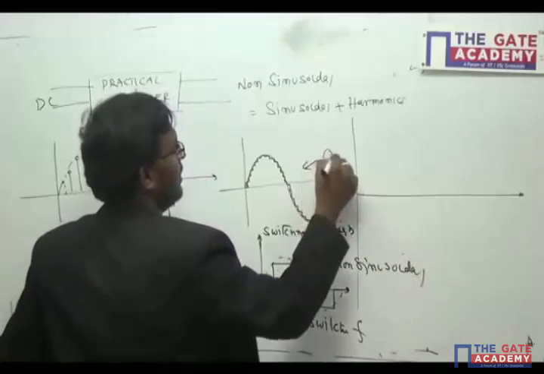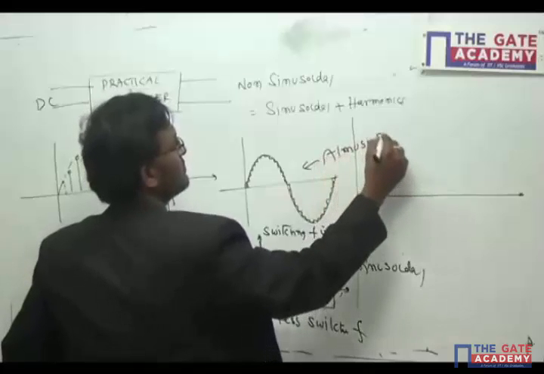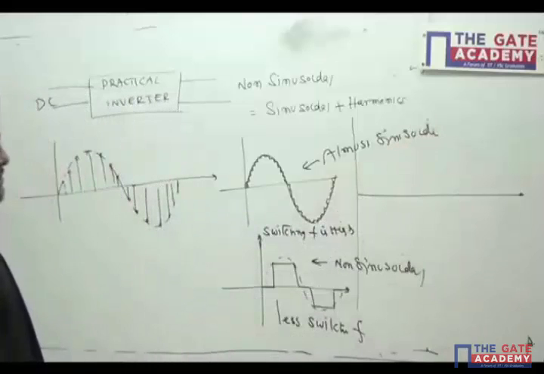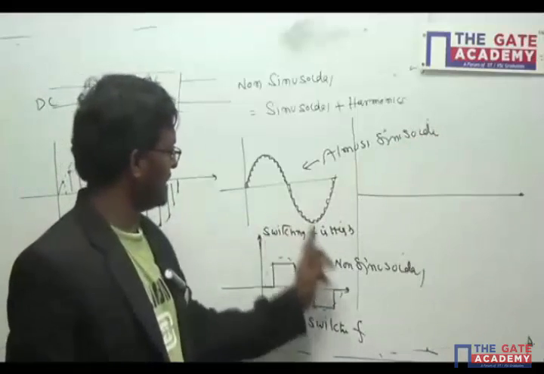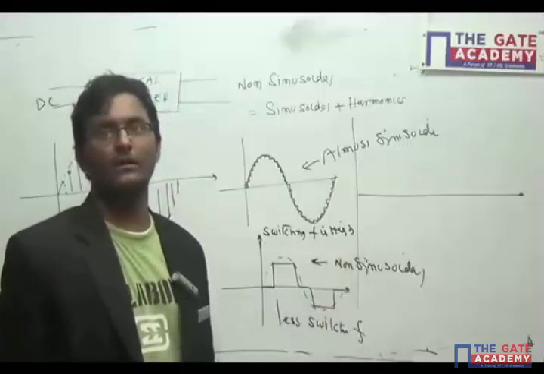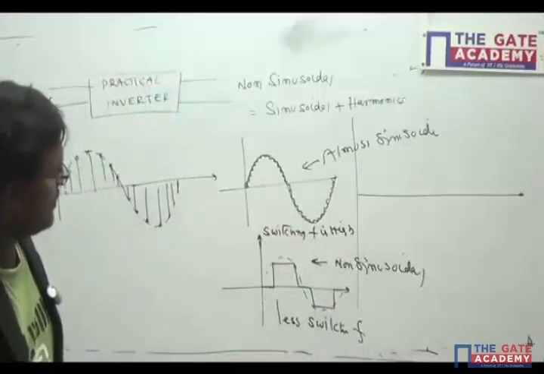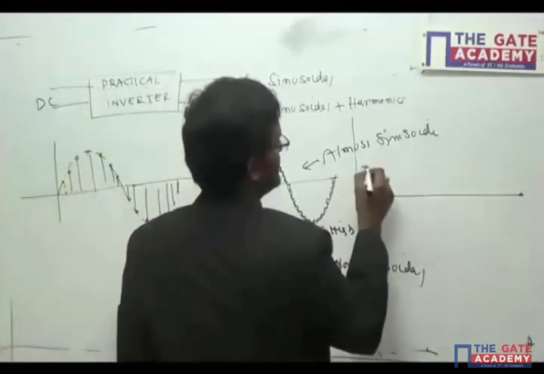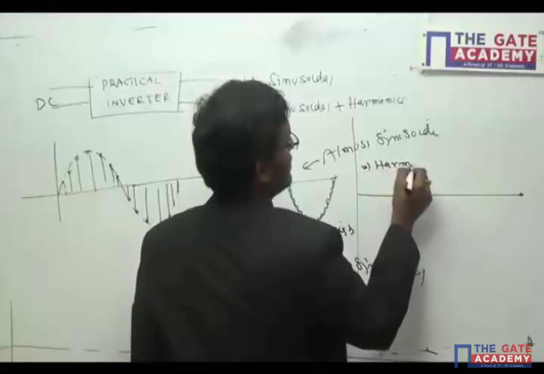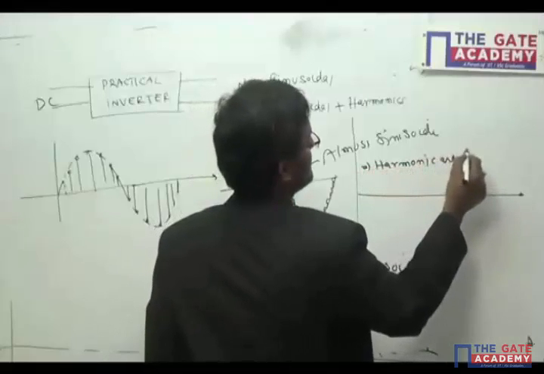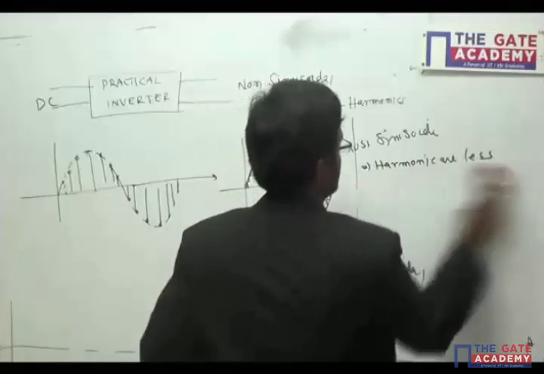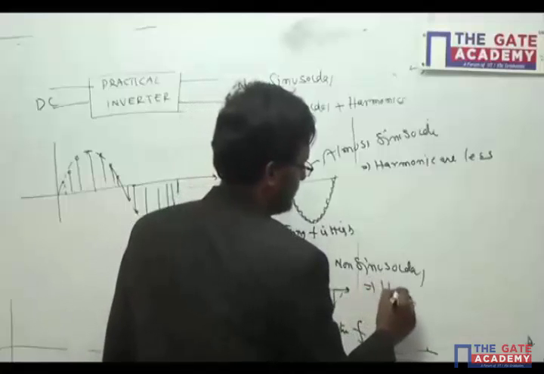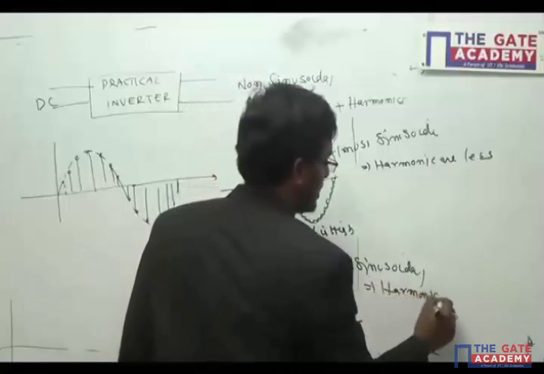This is almost sinusoidal. So this non-sinusoidal you can represent with a pure sinusoidal plus harmonics. Okay? So if the switching frequency is high, this is almost sinusoidal. This means harmonics are less. Non-sinusoidal means harmonics are there.